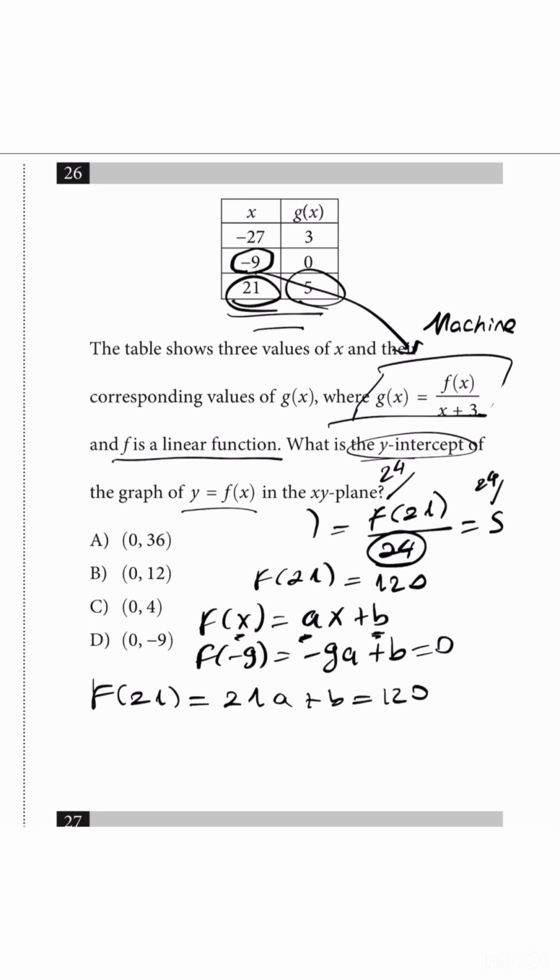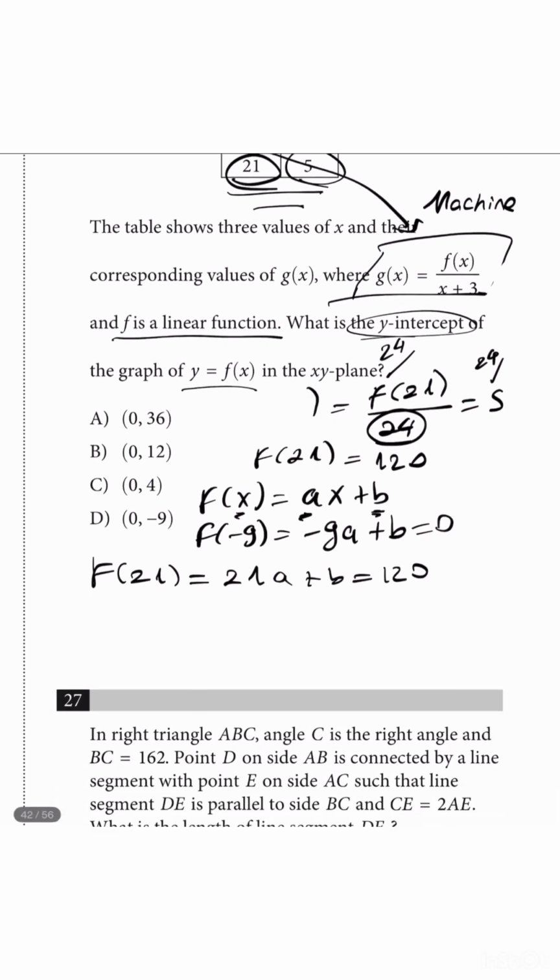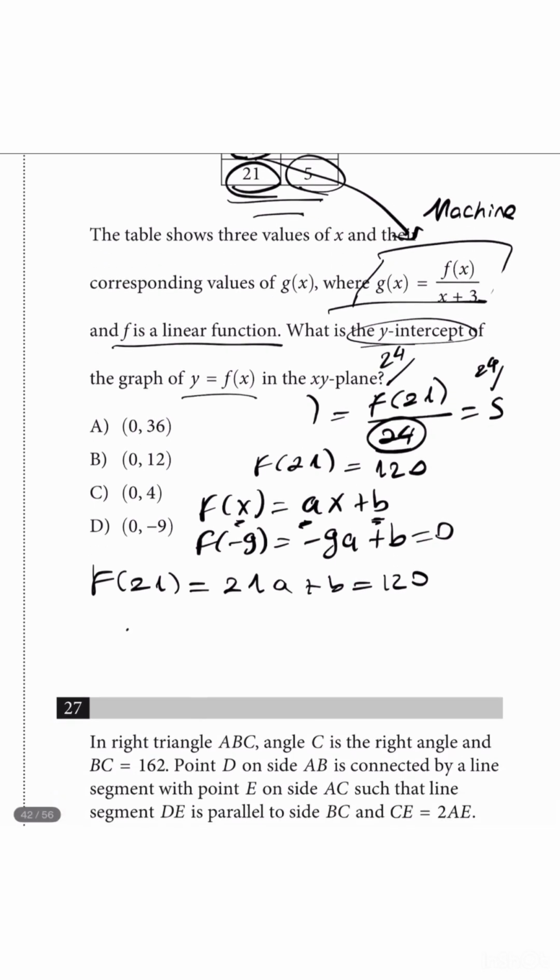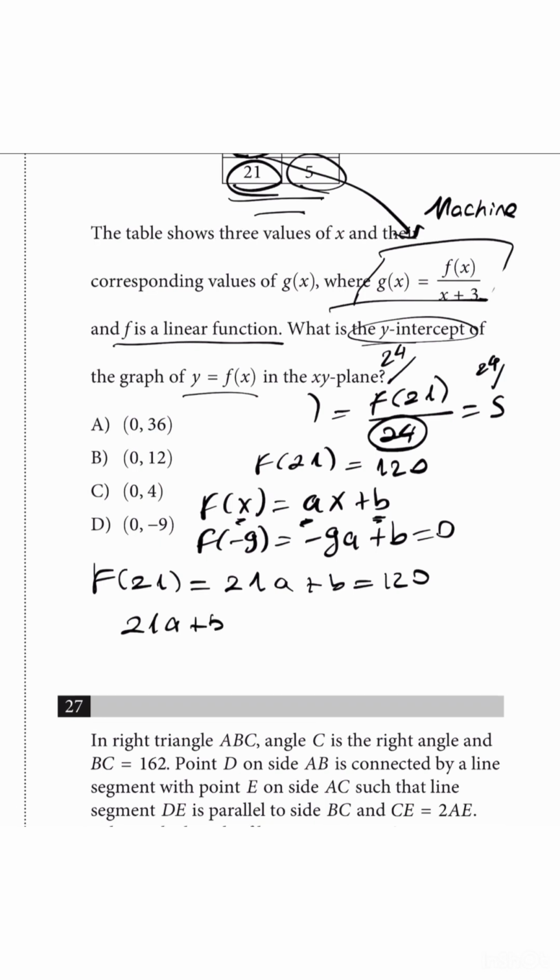So what you can do here, guys, is as you can see, you know that 21a plus b equals 120, and you also know that -9a plus b equals 0. You can understand the value of b by understanding the value of a first.